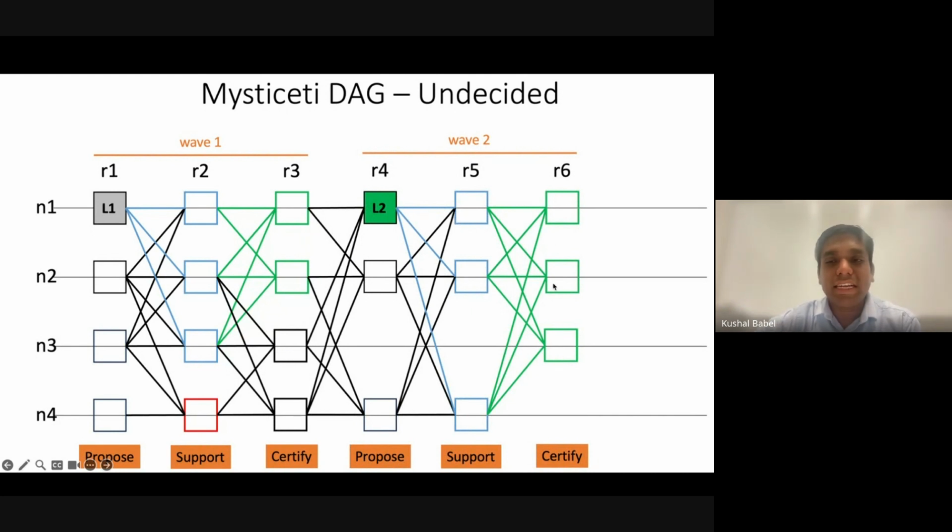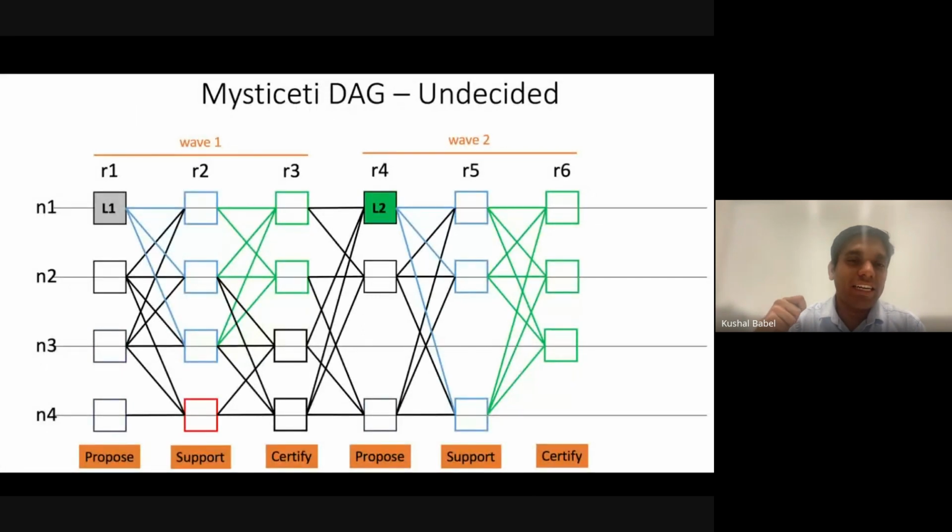Each of these green blocks is certifying for L2 because each of them includes enough supporting blocks for L2. So once you have 2f+1 certifying blocks for L2, you can directly commit L2. And so now the question is, in the second wave, we have committed this proposal, leader 2, but we can't directly commit it, right?